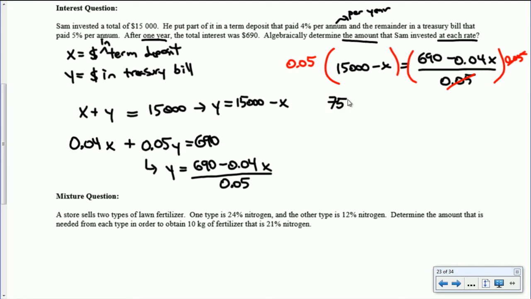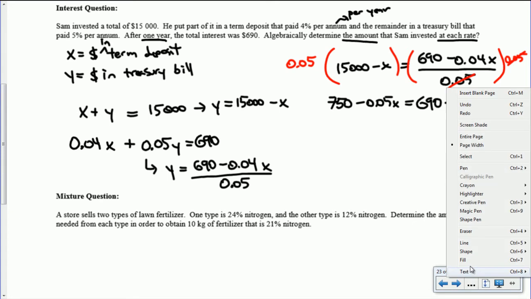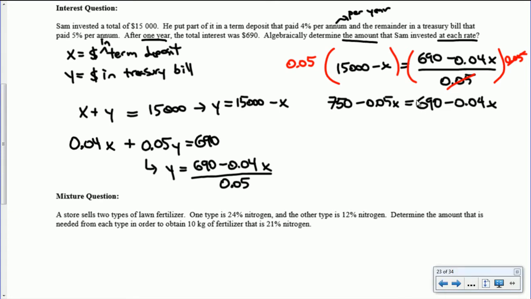So that'll work out to be 750 minus 0.05x, and that's equal to 690 minus 0.04x. I now need to bring all the numbers to one side and bring all the letters to the other. Maybe I'll bring this over here, so add 690 to both sides. Subtract 690. Okay, that gets rid of 690 from the right side.